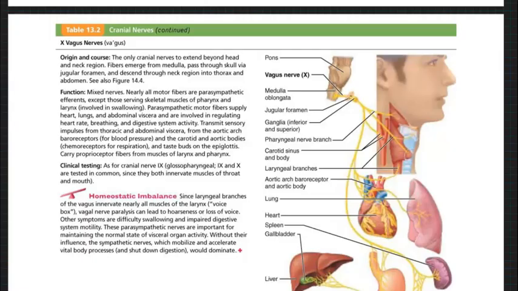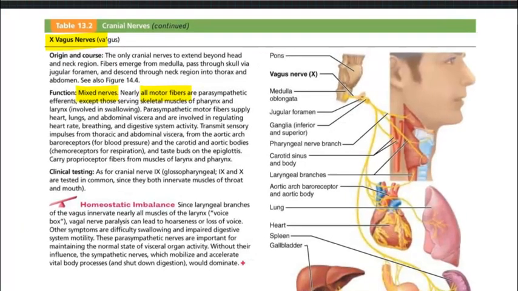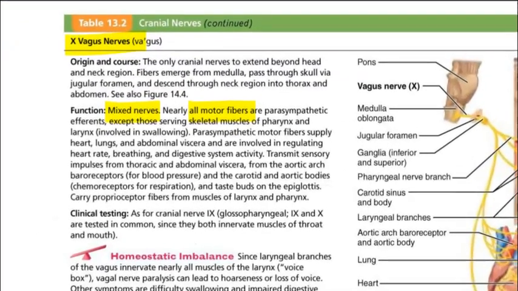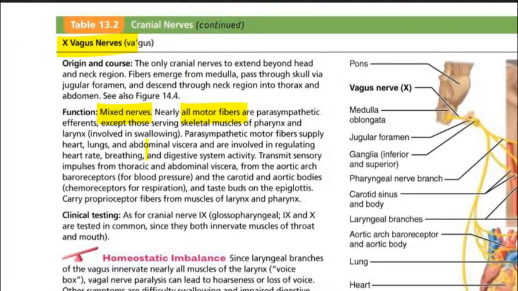Okay. Vagus nerve, one of the most important and the simplest nerves to understand. So function, well, mixed. Motor fibers: heart, lungs, and abdominal viscera. In other words, vagus nerve controls your thoracic and abdominal, but not pelvic organs.